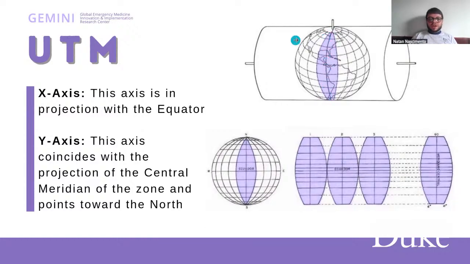So for the UTM, the Earth is divided into 6-degree zones.